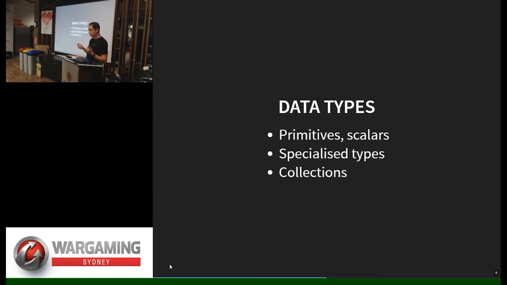You'll also see more specialized types like 3D vectors, 2D vectors, matrices, quaternions, that kind of thing. There are usually also collection types available, usually a sequence type, an associative map, and probably something like a set type as well.